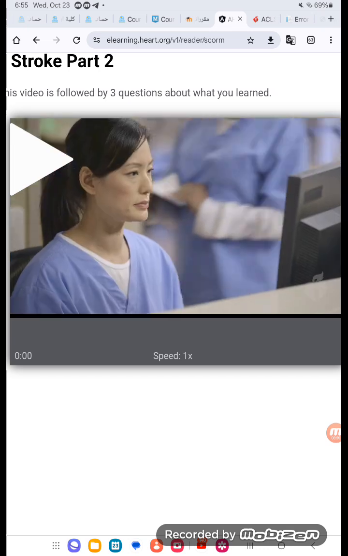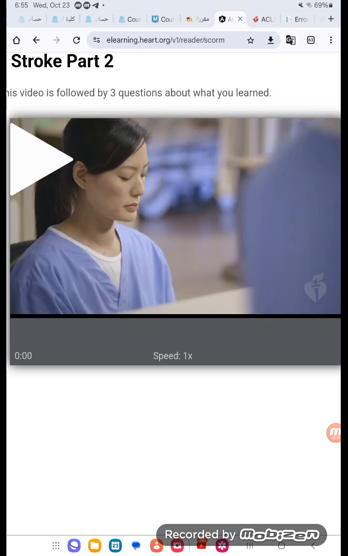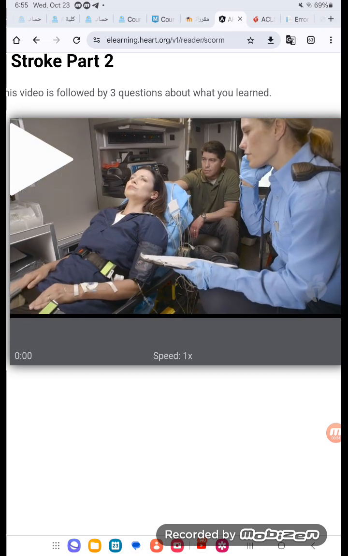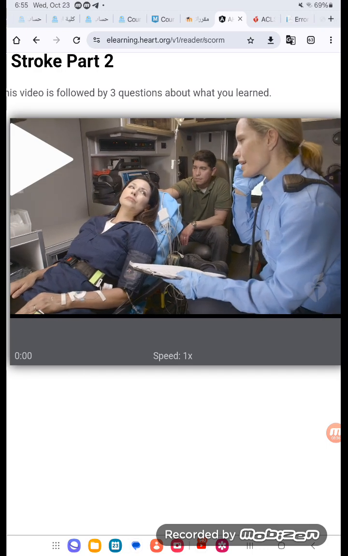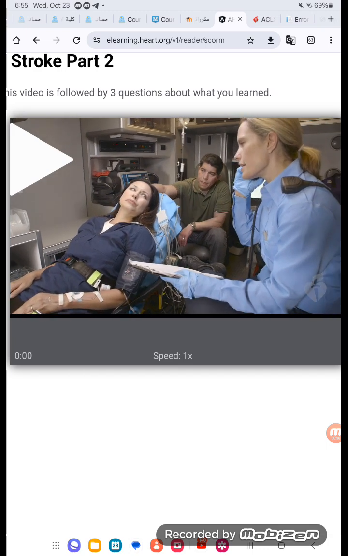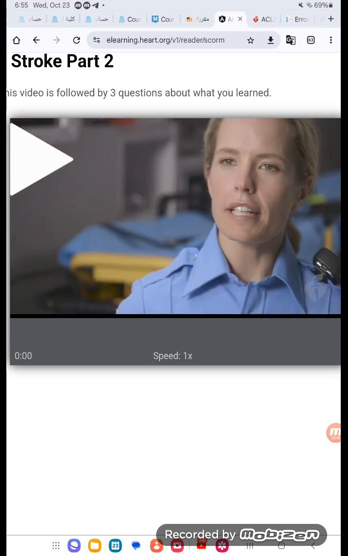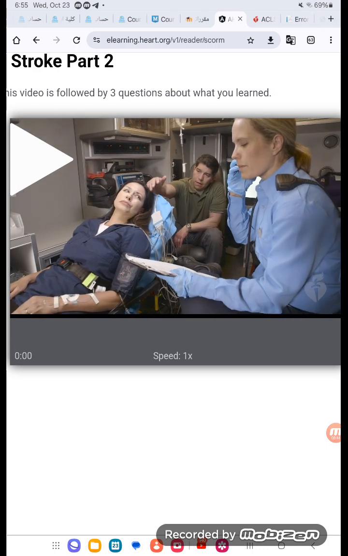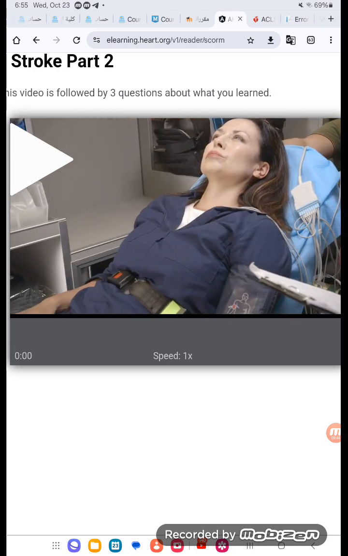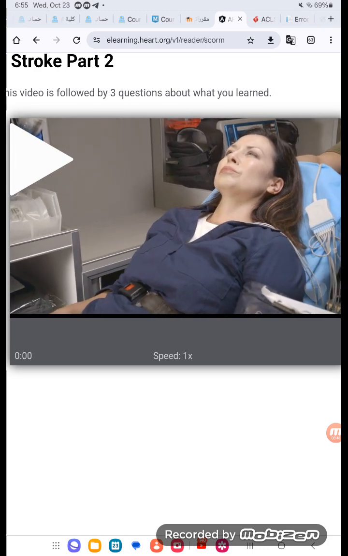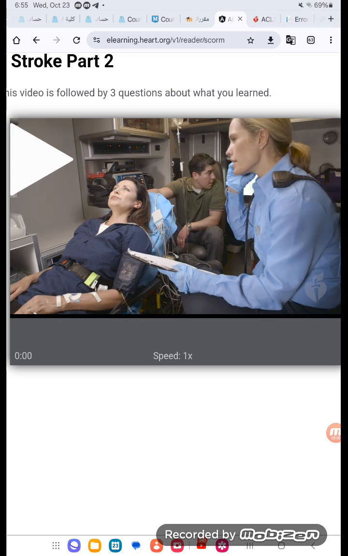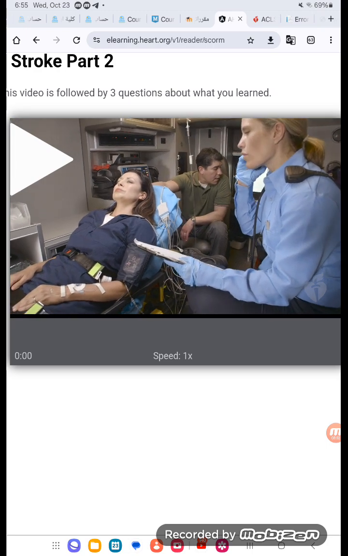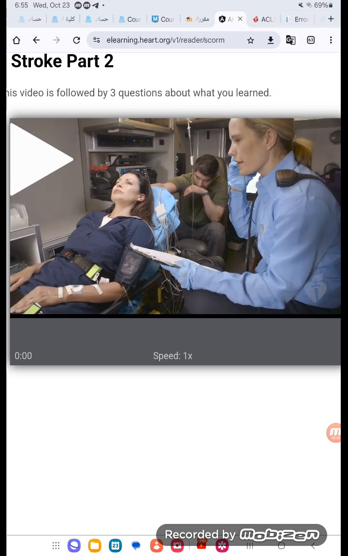Rescue 21, go ahead. We are en route with a possible stroke patient, a 45-year-old female with weakness on right side, facial droop on right side, and difficulty speaking. While we were en route to the stroke center, I radioed ahead so that the stroke team could be fully prepared once we arrived. Patient's blood pressure is 190 over 110. Her heart rate is 110, and her respiratory rate is 14 without difficulty breathing.